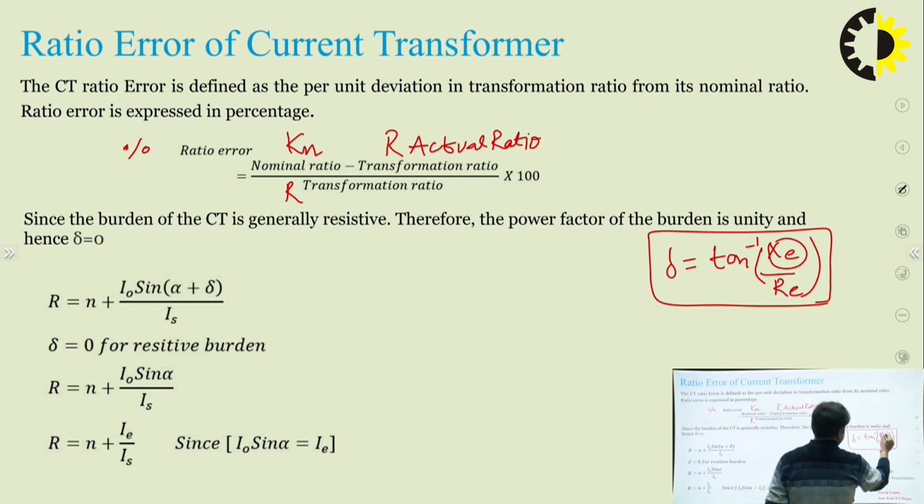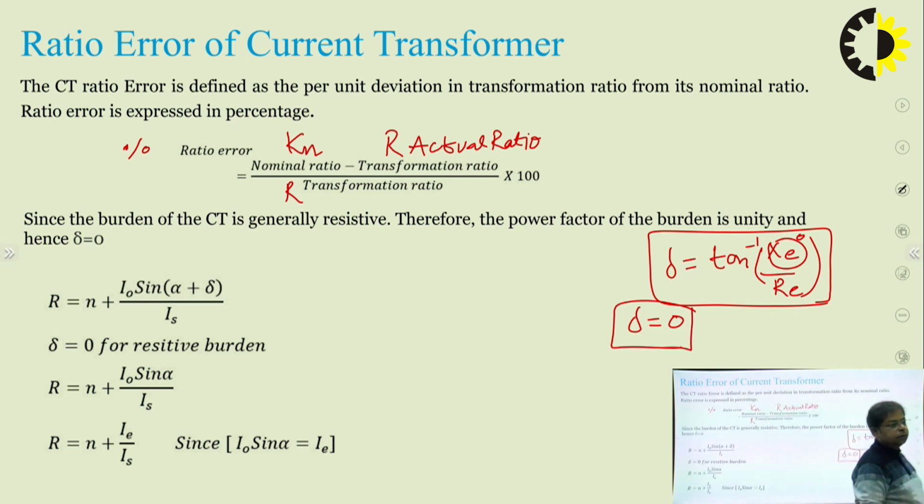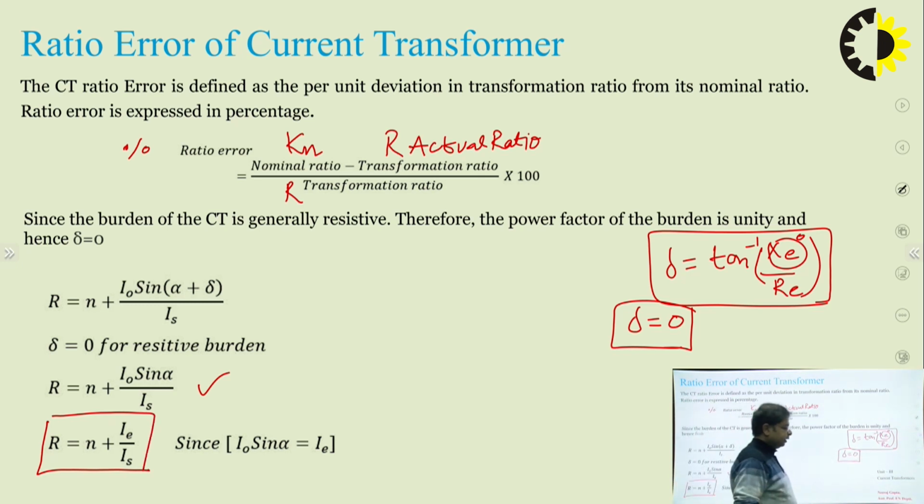This Xc component goes 0, so delta becomes 0. So it remains only I naught sin alpha by Is for a resistive burden, and the actual ratio becomes N plus I naught sin alpha by Is. So this is R for the case of completely resistive load.